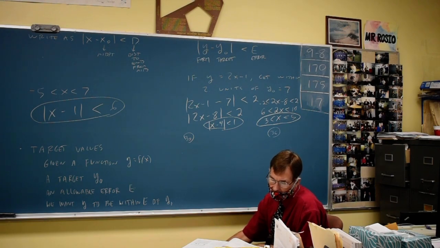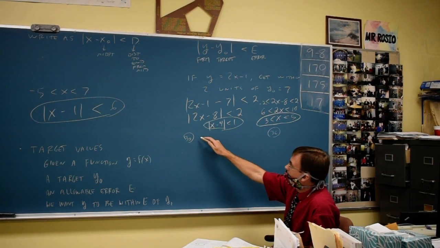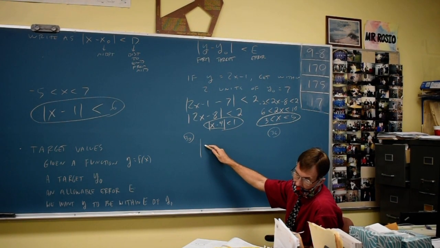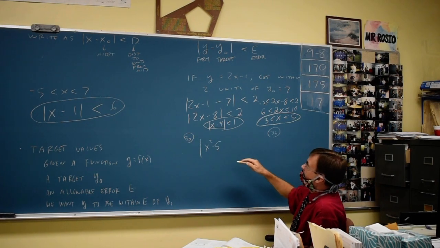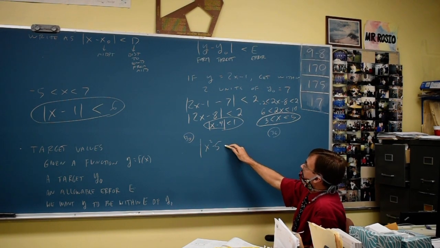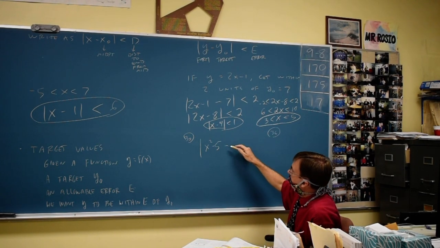So for 30 is a pretty straightforward one, I think. What would the bars start off with on 30? X squared minus 5. So we're just going to copy that formula that they're giving us. Then minus which thing? 11.